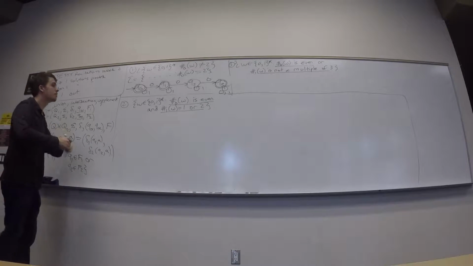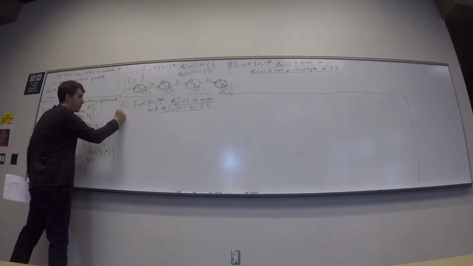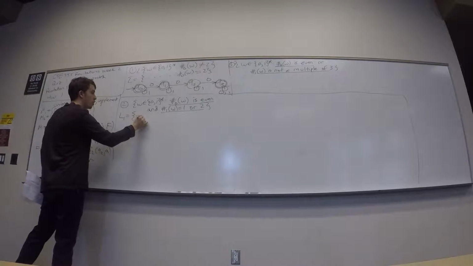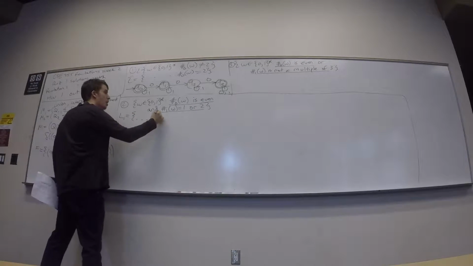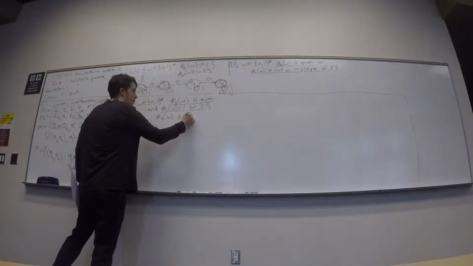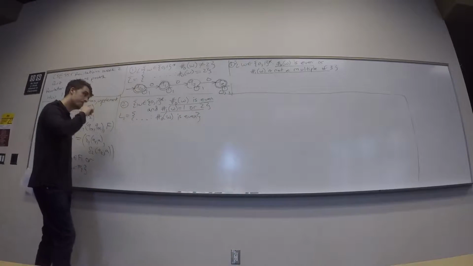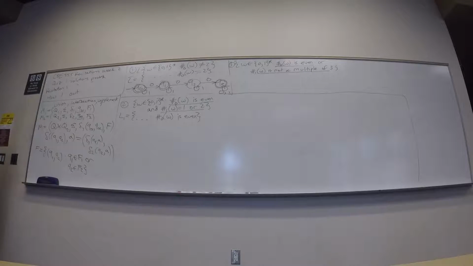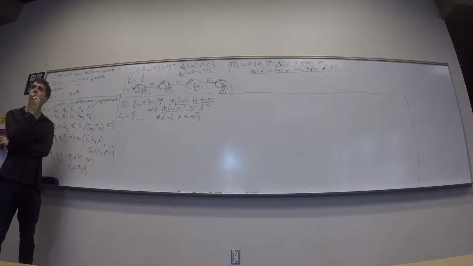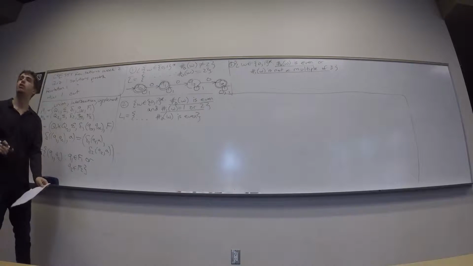So let's do that. Let's make a DFA for the first one first. I'm going to call it L1. So it's all the strings in {0, 1}* with number of zeros is even. So how would I do that? Are we counting 0 as even? Yeah, number of zeros is even.